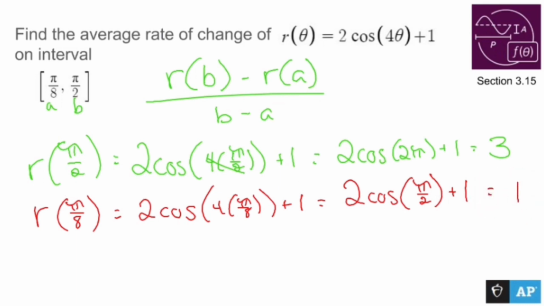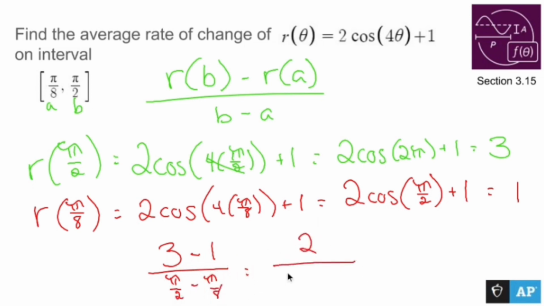So now I have r of b, which is 3, minus r of pi over 8, which is 1, over b minus a, which is going to be the gross part, pi over 2 minus pi over 8. So that's going to be the worst part. 3 minus 1 is 2, not so bad.